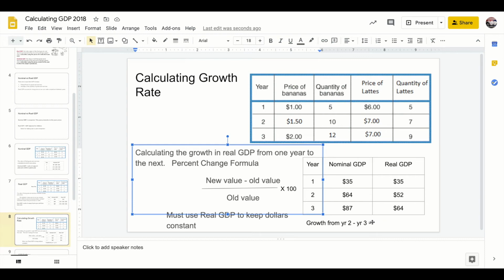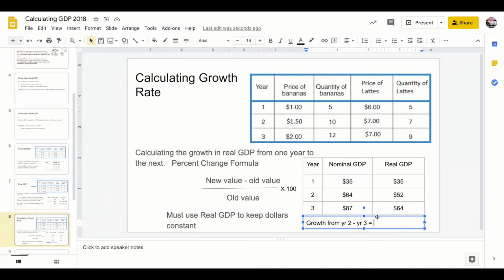Let's go ahead and see what our growth rate was between year 2 and year 3. From year 2 to year 3, we went from $52 to $64. Our new value is going to be the most recent year, so year 3 will be our new value.